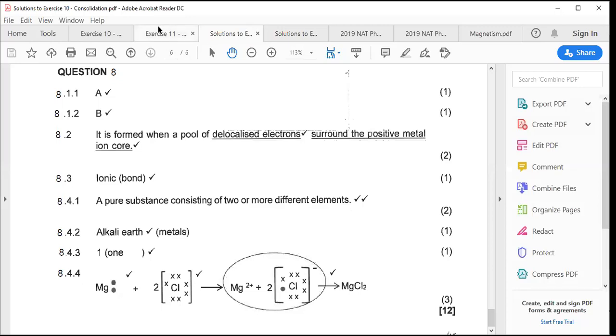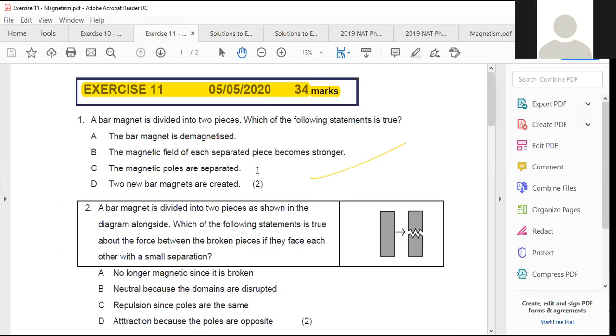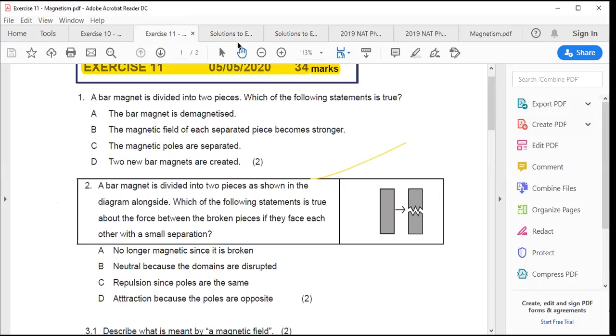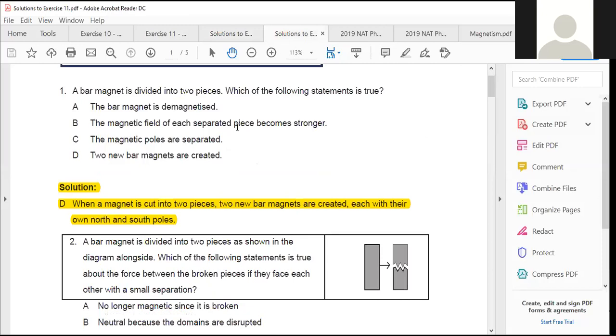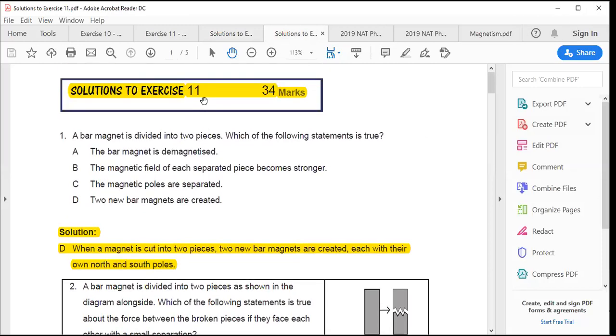Right. Then there was exercise 11. I just want to quickly go over some of the questions there. Question A says a bar magnet is divided into 2 pieces.